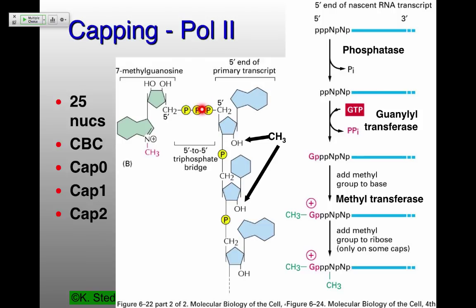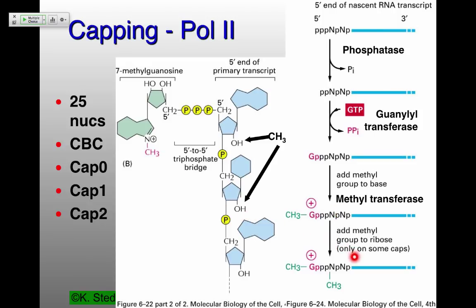So we lost this last phosphate, the gamma phosphate right here, to the phosphatase, and then GTP becomes GMP and is hooked up here. Now we've got guanosine with 1 phosphate from the guanosine, 2 phosphates from that original nucleotide, and then methyl groups get added to the base, this guanosine, which gets put on the end. That happens in every single cap.